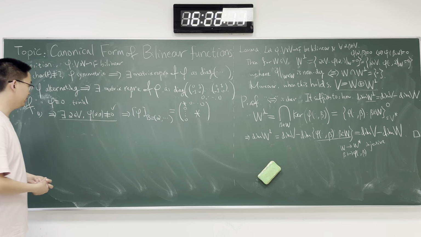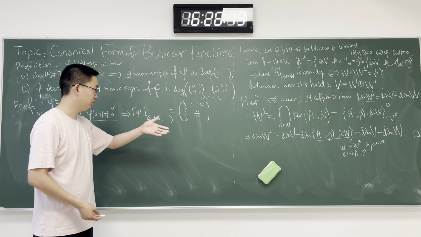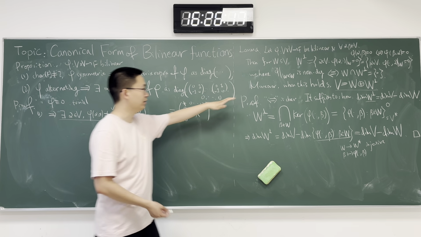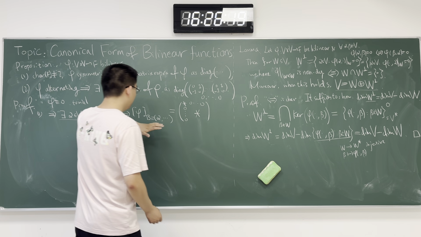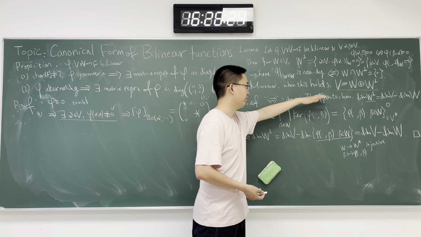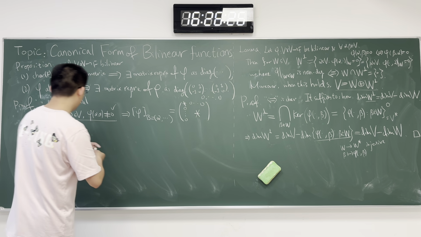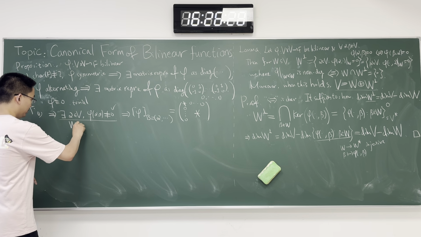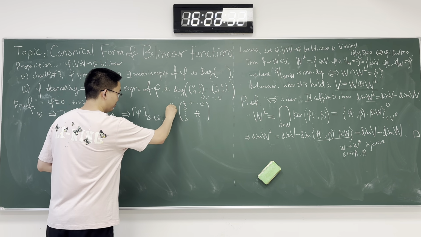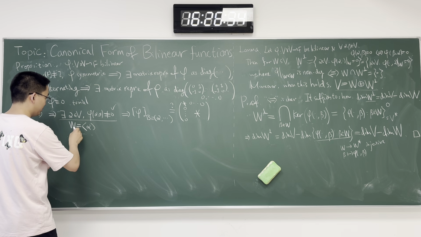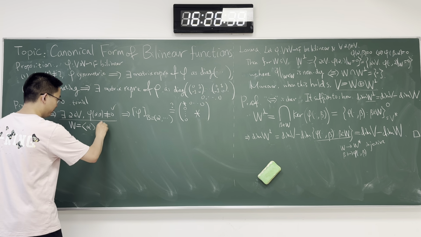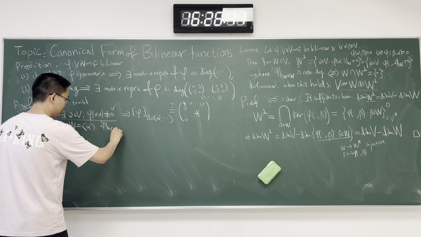And now, we would like to do induction on the dimension of V. So we need to write the whole space into a direct sum form. The only thing is to check that on this one-dimensional subspace, our bilinear form restricted to it is non-degenerate.